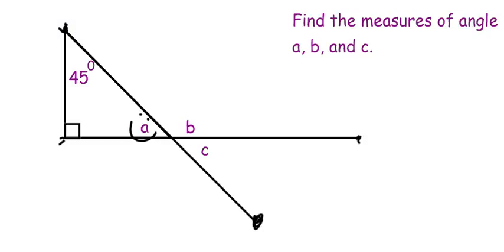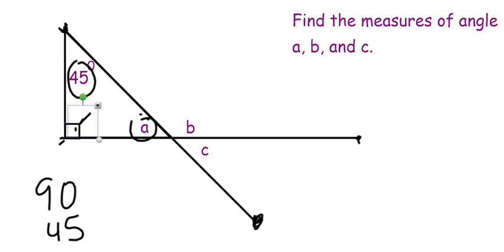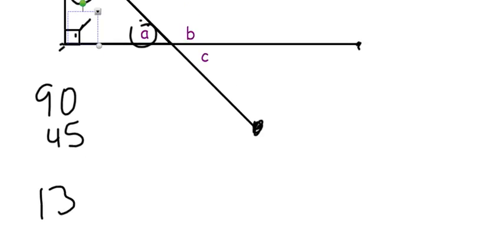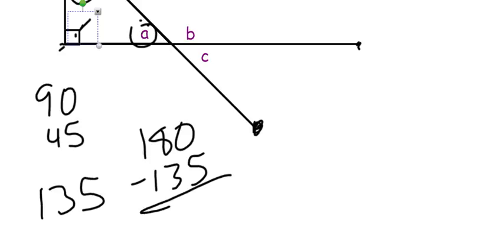If I wanted to find A, I know that this angle right here is 90 degrees. This angle is 45. When I add those together, I get 135. And I can subtract that from 180 because all triangles equal 180 degrees. So I subtract that and get an answer of 45 degrees.